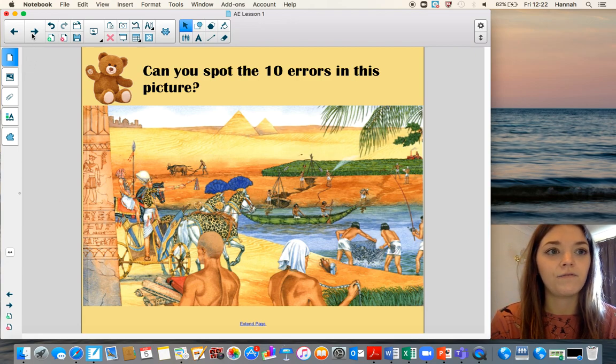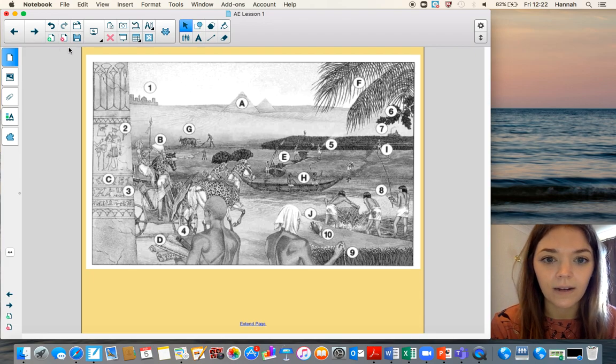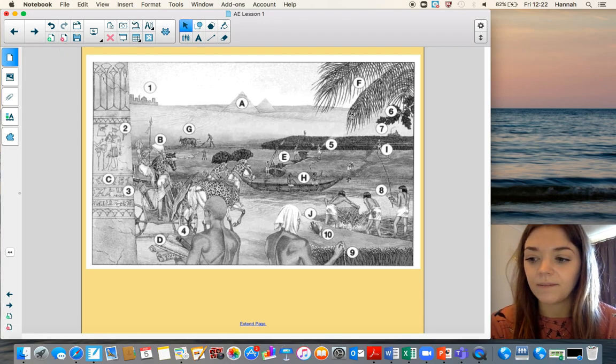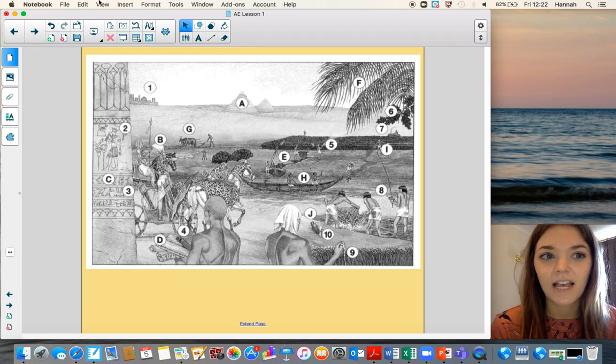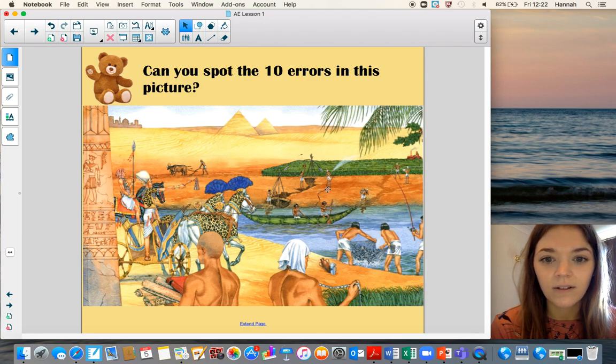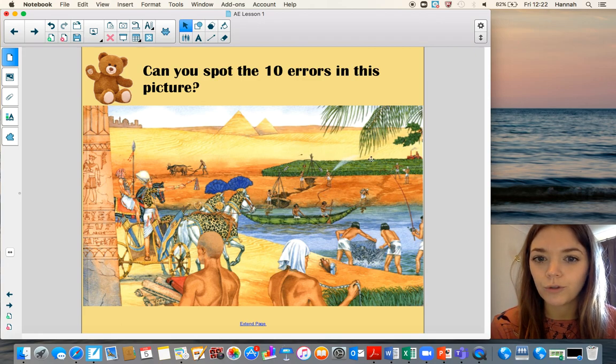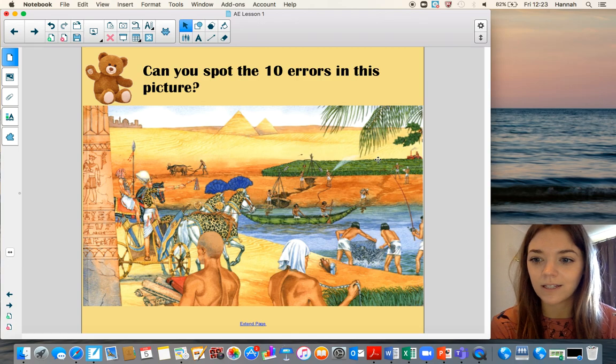Then our fifth error, where are we? Over here. So if you have a look closely, you might notice that that farmer, think about what is he using there? So he's using a hose to water his plants, his crops.